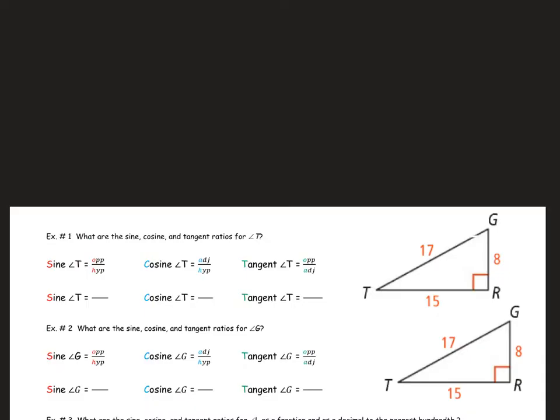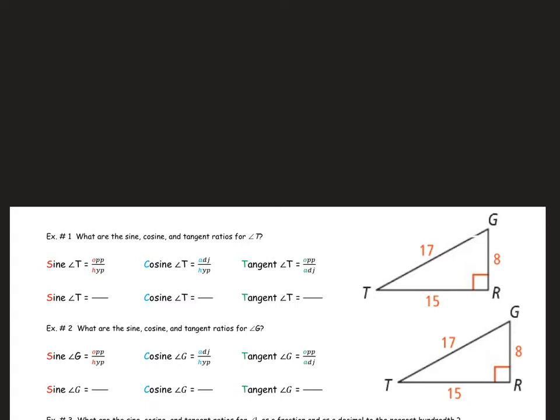Now we're going to practice writing these ratios. It's not that bad, I really admit that, but there are some tricks. Looking at example number 1, it says, what are the sine, cosine, and tangent ratios for angle T?